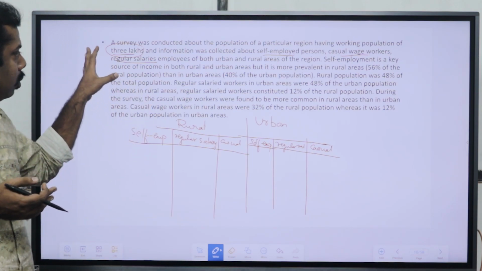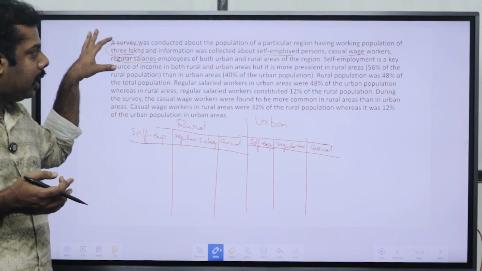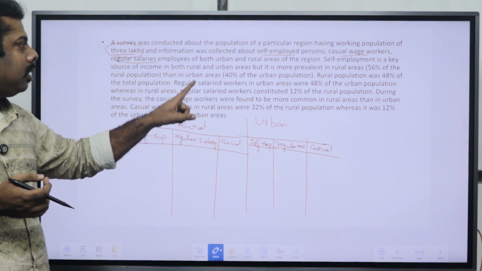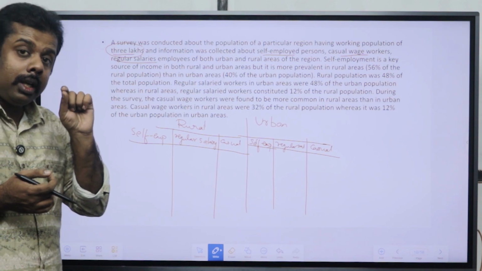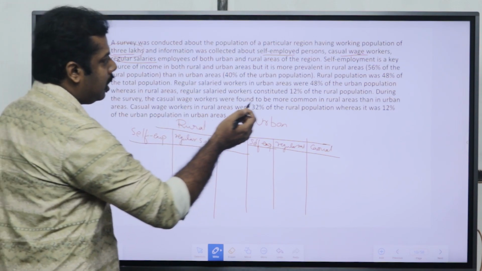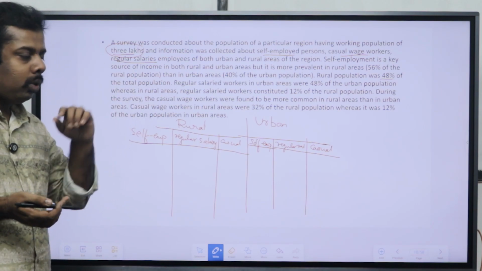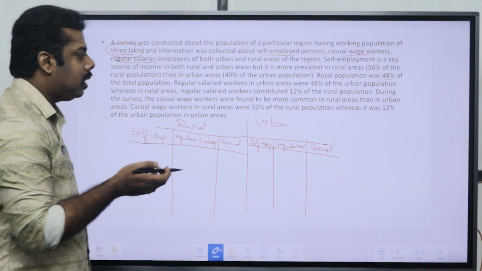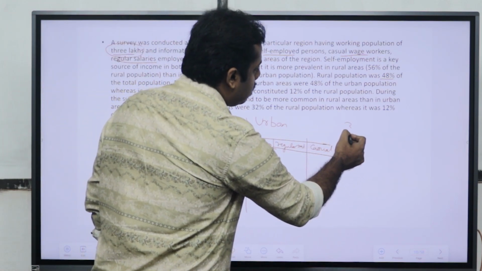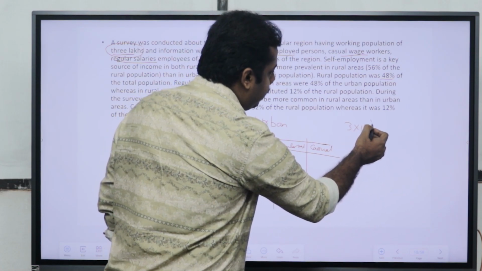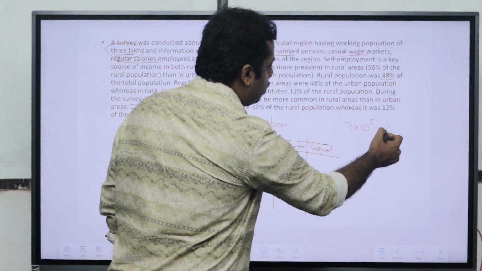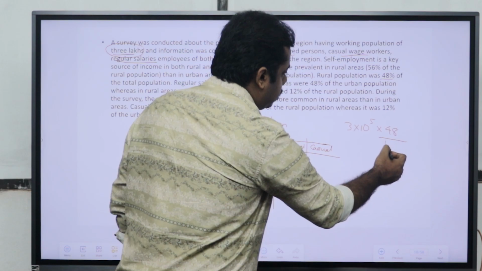The total data they have taken is 3 lakhs, and out of that 48% is the rural population. So 3 lakh is 3 into 10 raised to 5, times 48%.